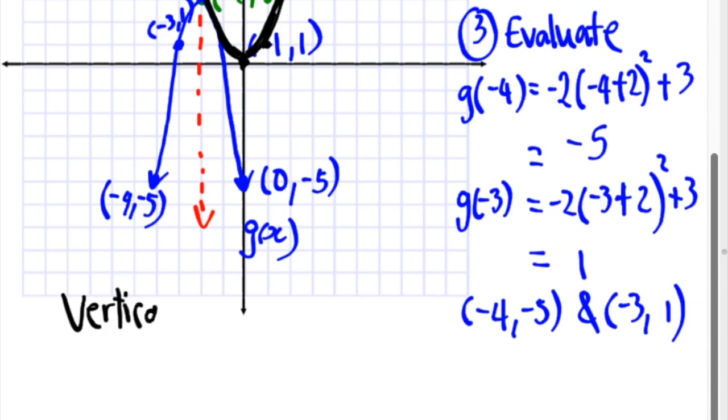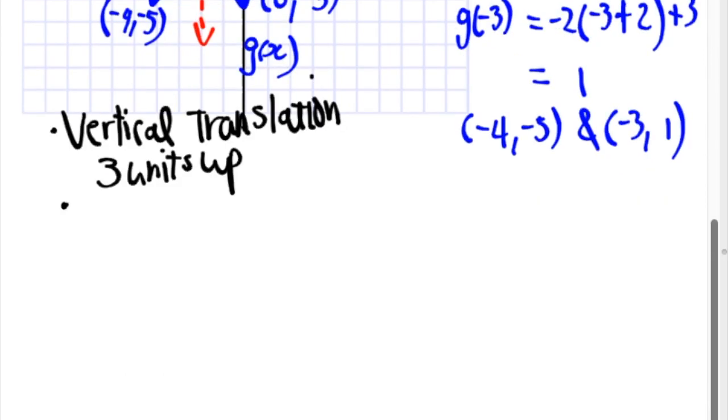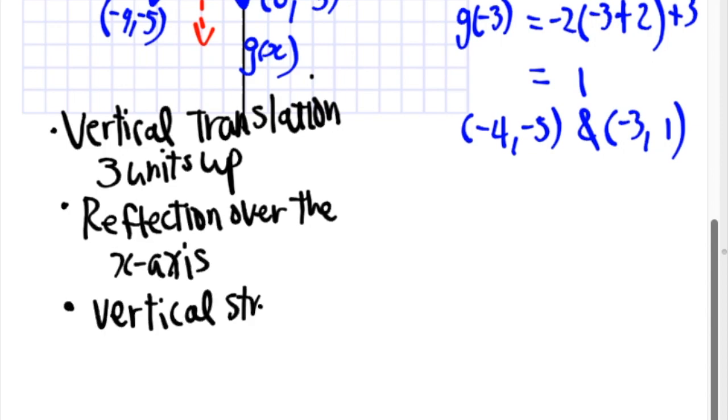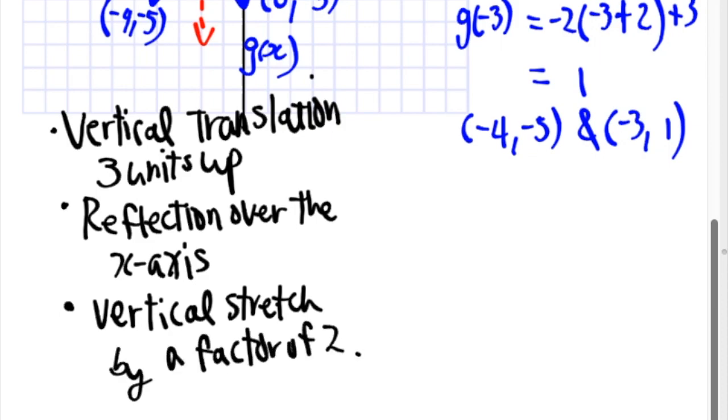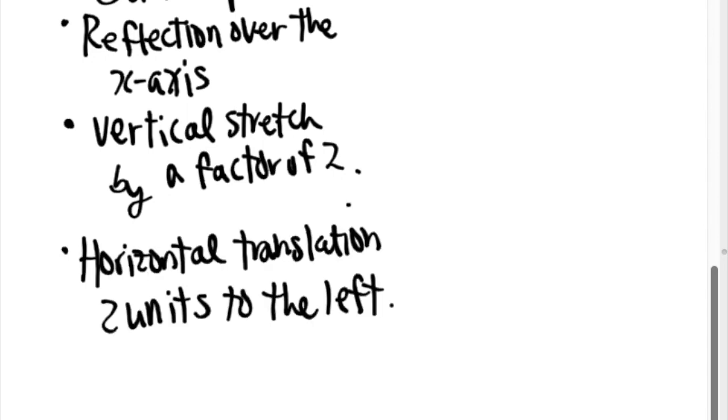The vertical translation, 3 units up, is represented by the k value, which is +3 of g(x). And then the reflection over the x-axis is represented by the negative sign in front of the a value. The vertical stretch is represented by the a value itself, 2. And then lastly, your horizontal translation to the left 2 units is represented by your h.